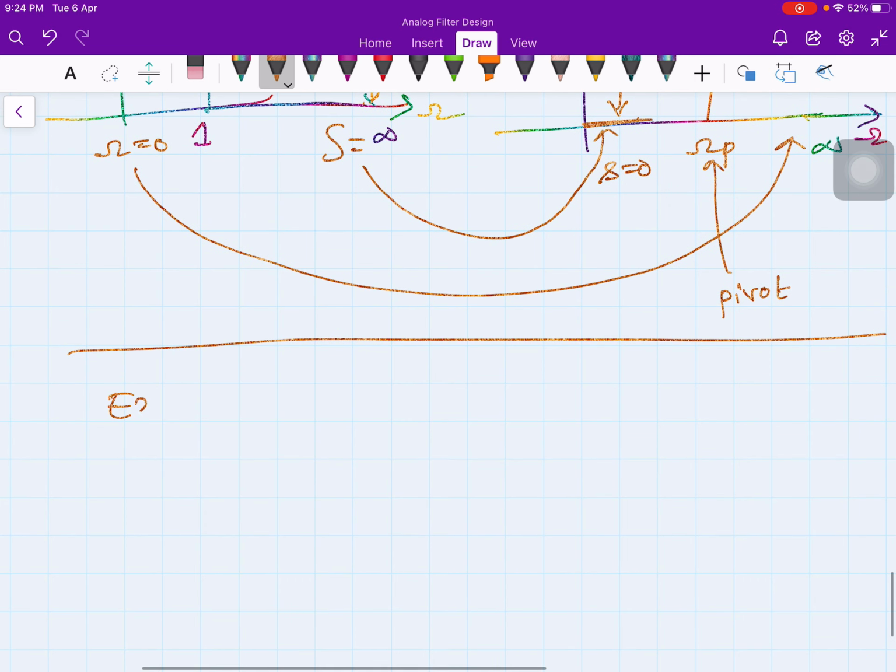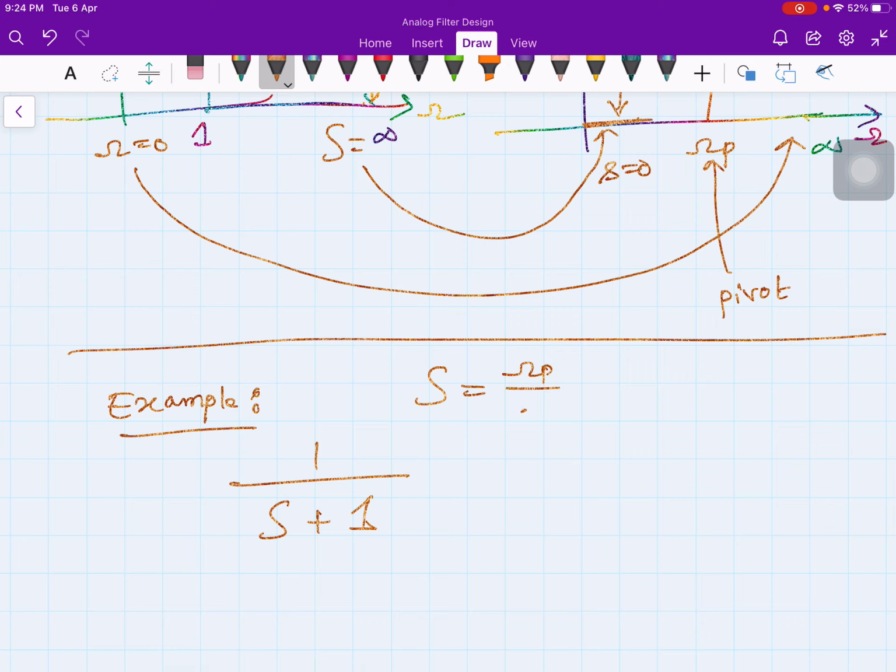Now let us take an example. Again, to make our life simple, let me consider the first order normalized low pass filter, so 1 divided by capital S plus 1. Now what is the transformation? Capital S equal to omega p divided by S. So this is transformed into 1 divided by, you replace this S by omega p divided by small s, plus 1.